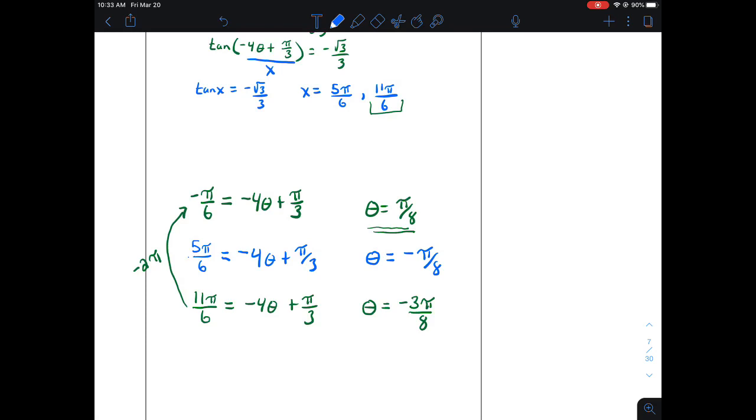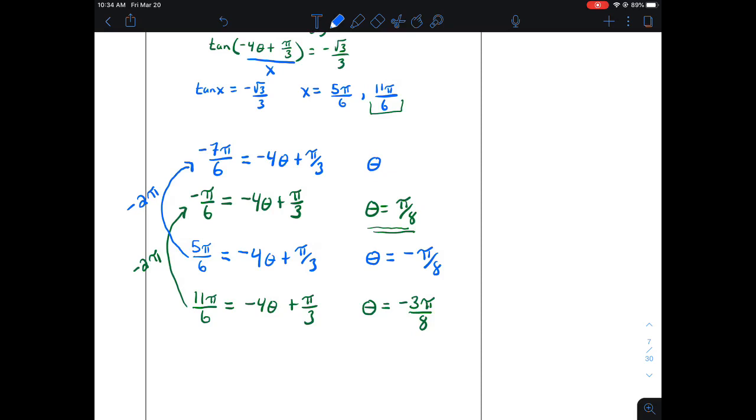So I'm going to take my 5 pi over 6, and I'm going to get a coterminal angle for it as well. So I'm going to subtract 2 pi radians from it. So 5 pi over 6 minus 2 pi, that's going to land me at negative 7 pi over 6. Set that equal to the inner function of tangent here. And then I'm going to resolve.